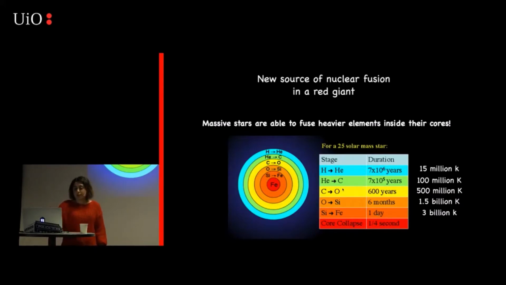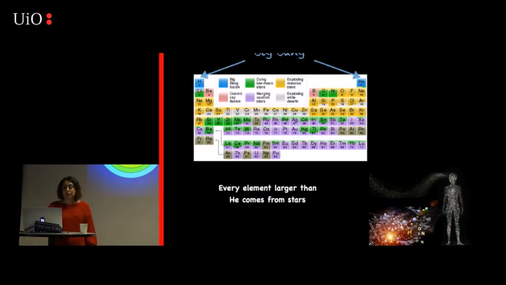As you can see here, stars are factories that can produce all heavy elements in the universe. If we look at the periodic table, only hydrogen and helium are the species that really come from the Big Bang, and all other heavier elements are produced inside the stars either due to nuclear reaction or when the stars explode, if they are massive enough to explode.